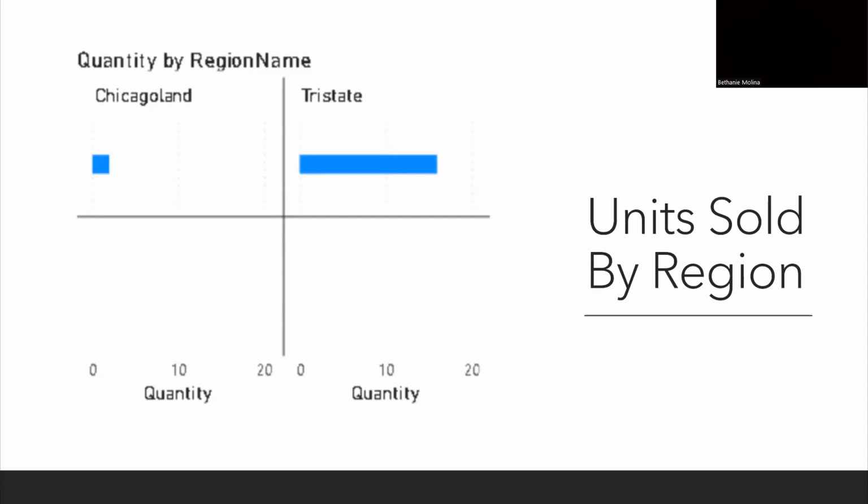With that information itself, they can refocus on trying to save the store that's in the Chicagoland region, since it's selling way less than the tri-state. They can see whether they have to relocate due to maybe not hitting the right audience, or it may have been located in a not so populated area compared to the tri-state.